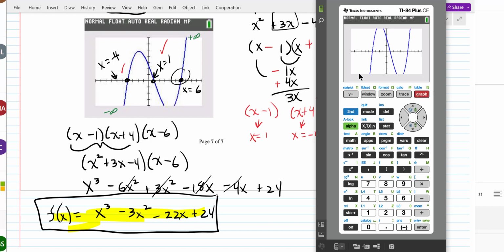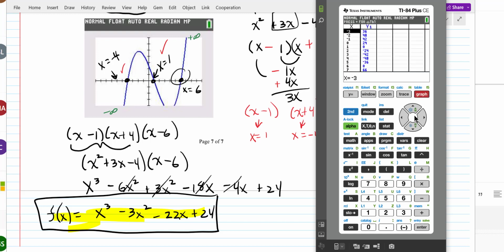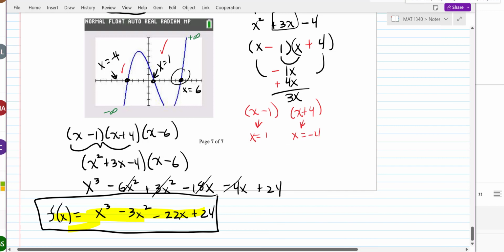All right, but the key thing on here is notice that if you go to your table of values, you're going to see all these zeros. 1, 0, we have that. That translates to that factor. We have negative 4, 0. That translates to the factor x plus 4. And then 6, 0 is on there. So that translates to that factor. So that checks graphically that it's the same graph.